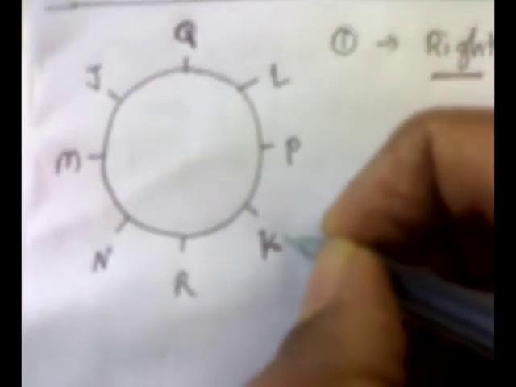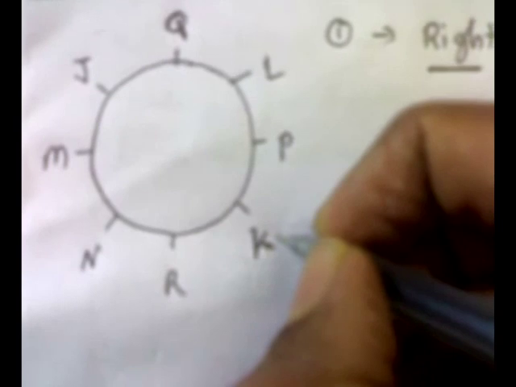The word followed by "of" is K, and K is here, and it says right of K. Now the word is right, so we have to move in an anti-clockwise direction.